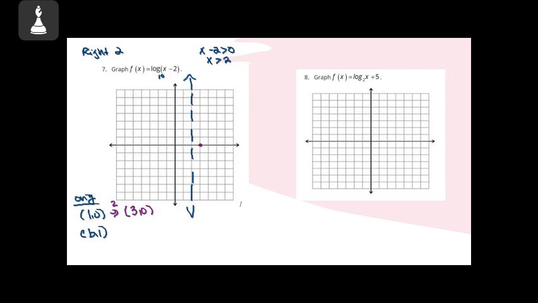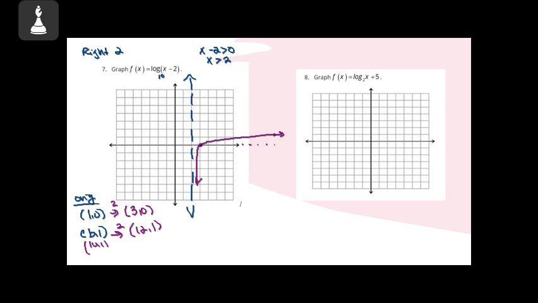And then, base 10. The original point is (10, 1), but I now need to shift it 2 to the right, which means I'm at (12, 1). That's going to be way outside here. 1, 2, 3, 4, 5, 6, 7, 8, 9, 10, 11, 12, so that's all the way over here. This is really steep for my log graph. I probably should have counted by 2s on my graph, but I didn't.